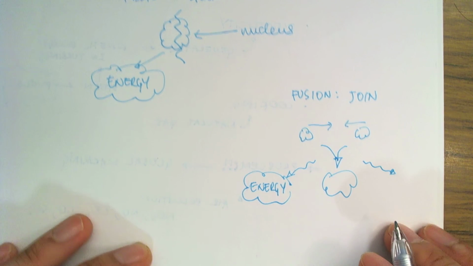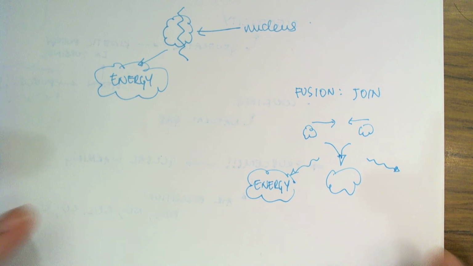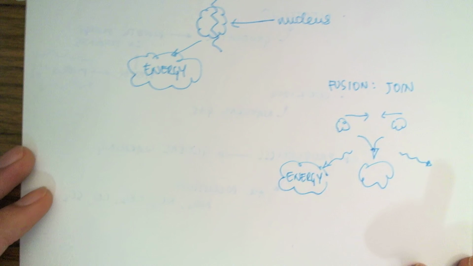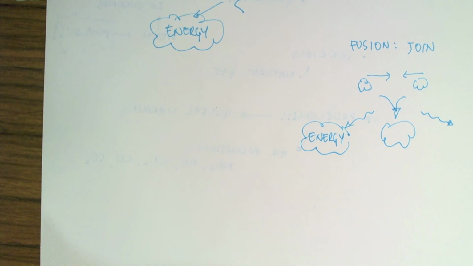And you can use that energy for the same purpose, which is to heat the water in the power station, and then use that steam to turn the turbine, right?